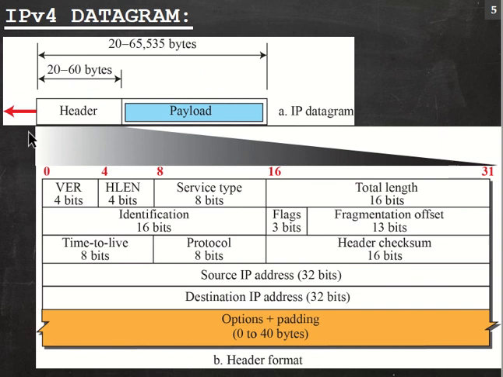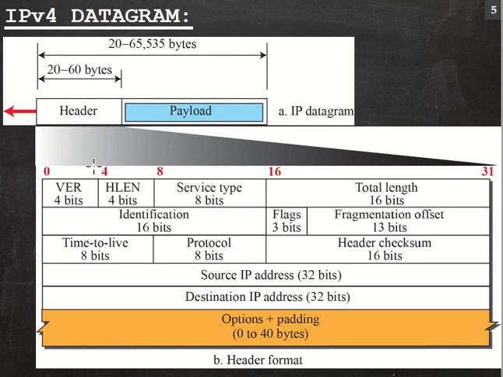The length of the header might vary from 20 to 60 bytes, and it will have the data that is essential for routing and delivering the packet. This is the entire datagram that you can see here, of a total length of 65,535 bytes.